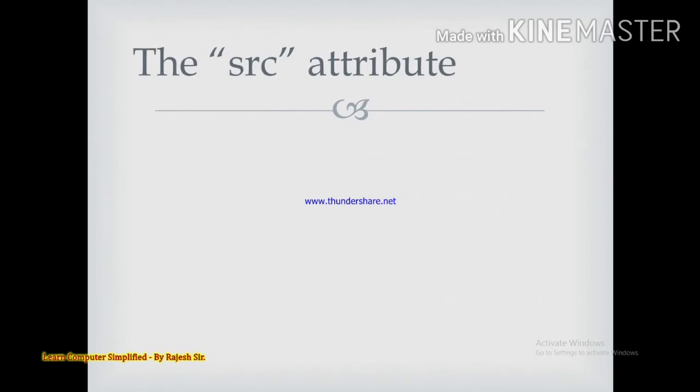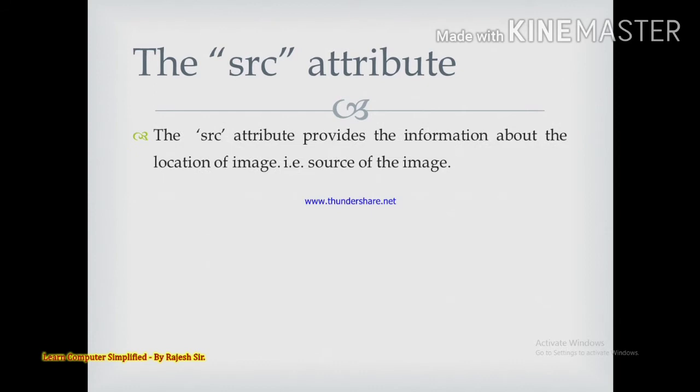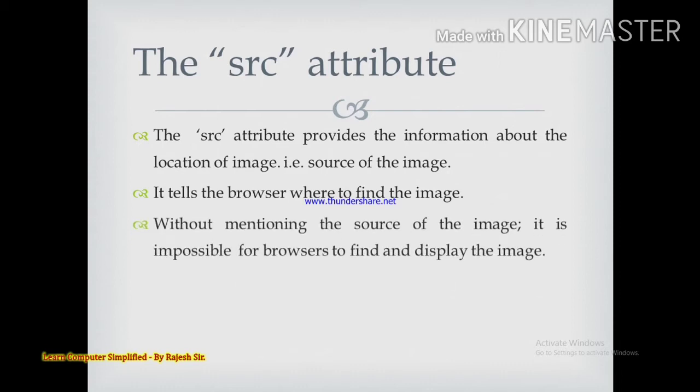The SRC attribute that we have already seen, but still the SRC attribute provides the information about the location of image, that is source of the image, means from where we want to load the image in the web page. It tells the browser where to find the image. Without mentioning the source of the image, it is impossible for browser to find and display the image.